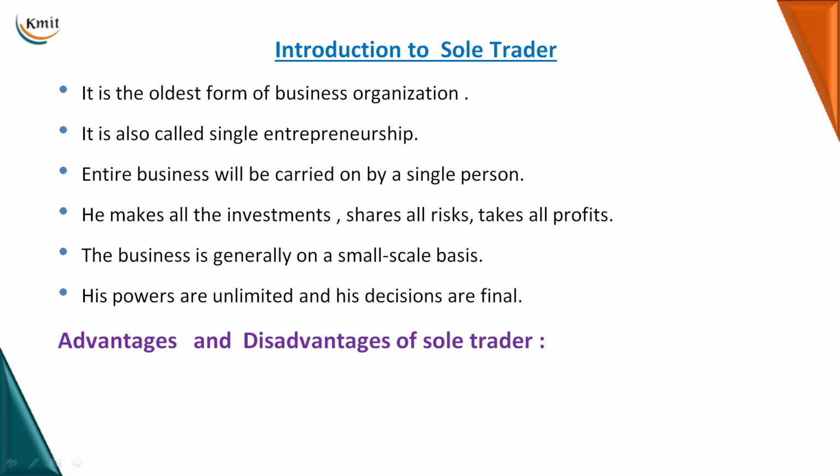It is also called single entrepreneurship because one single person is responsible for setting up a business. The entire business will be carried on by a single person. He makes all investments, shares all risks, takes all profits out of the business.